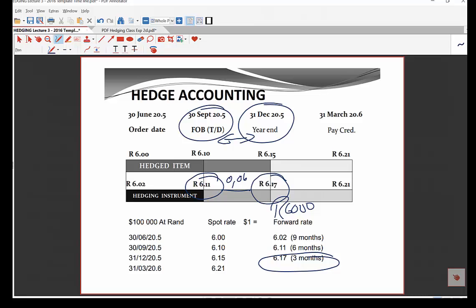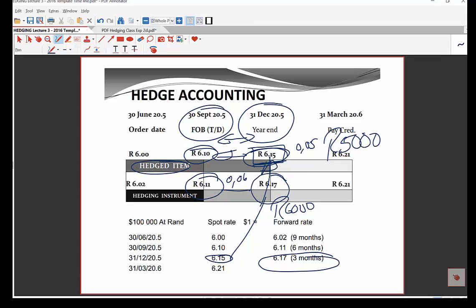But on the other side we've got the hedged item, and that hedged item must also be translated, and the spot rate which we have there is 6 Rand 15. So if you compare that spot rate to the rate on transaction date, that is now a 5 cents movement, giving us 5,000.